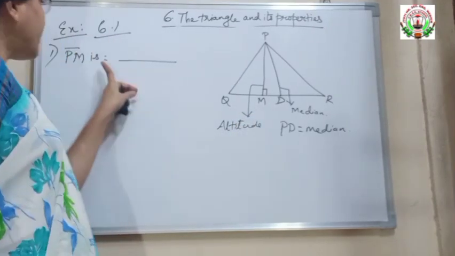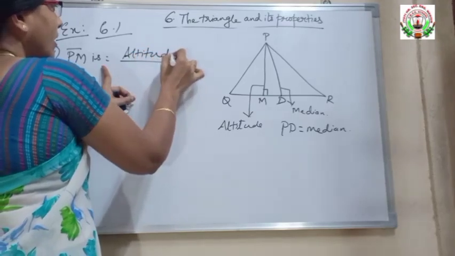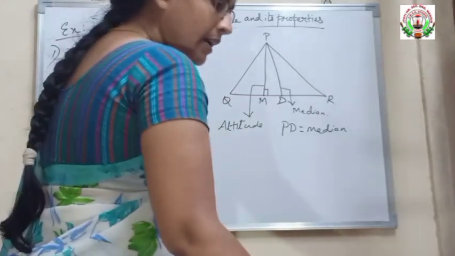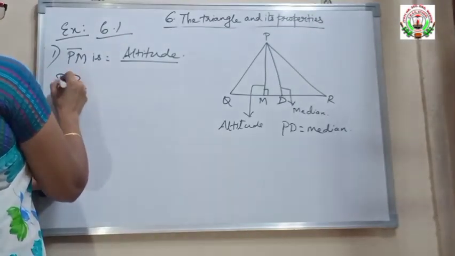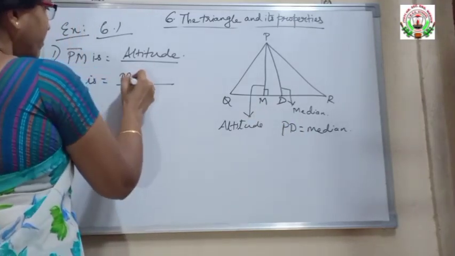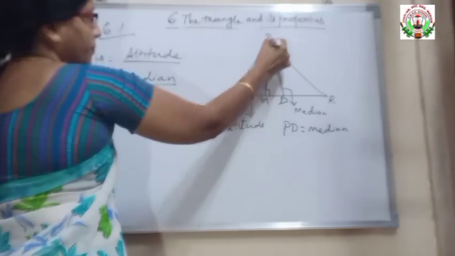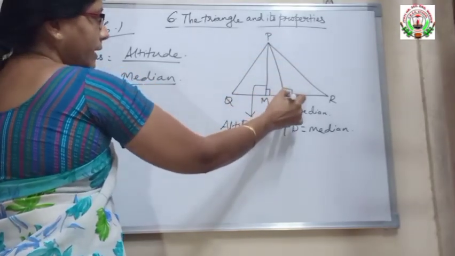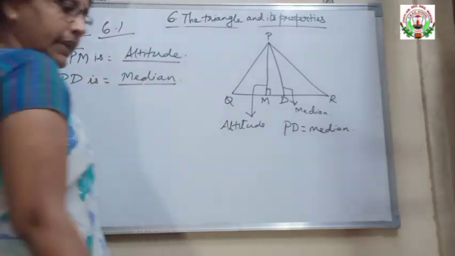So PM is altitude. Next they have given PD is. So PD is a median. Because the line drawn from the vertex to the midpoint of the opposite side is called a median. So PD is a median.